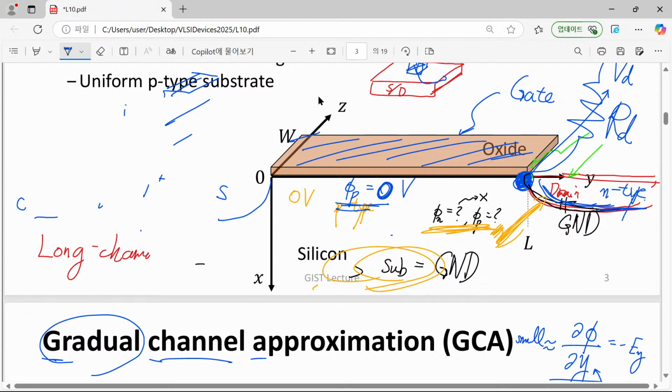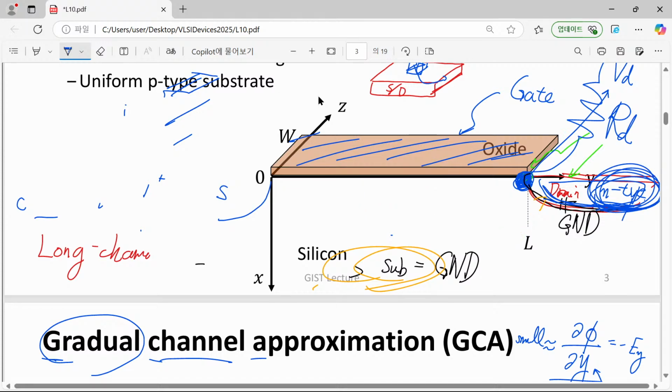So in the case of n-type, all kinds of change in our hole quasi-Fermi potential occur in this n-type region. So this one cannot make any impact on this hole quasi-Fermi potential. But let me just come back to the other one.